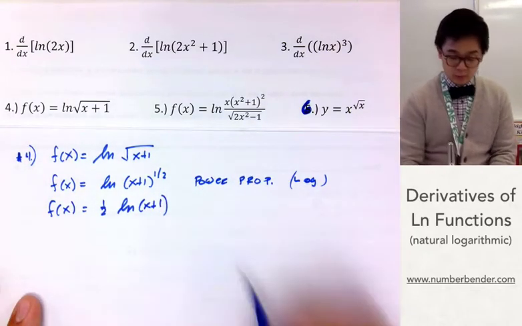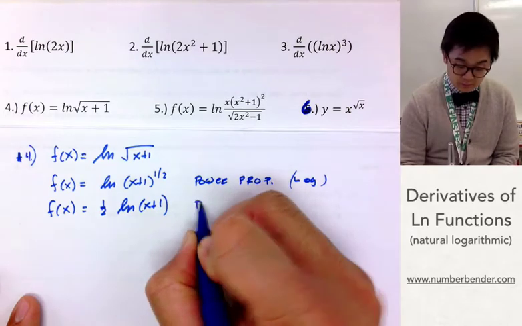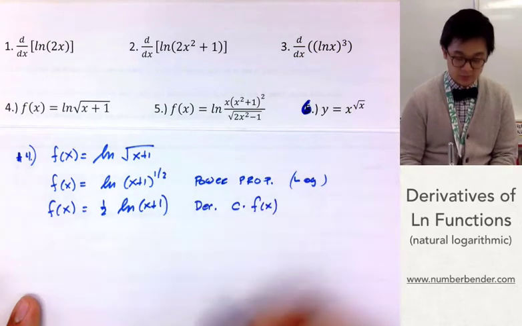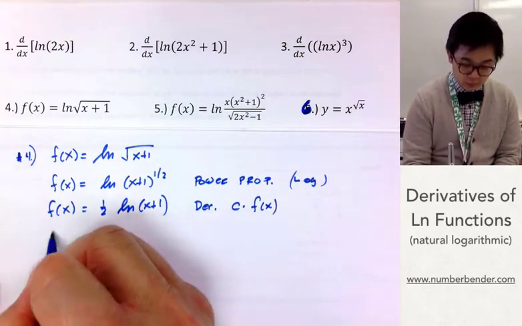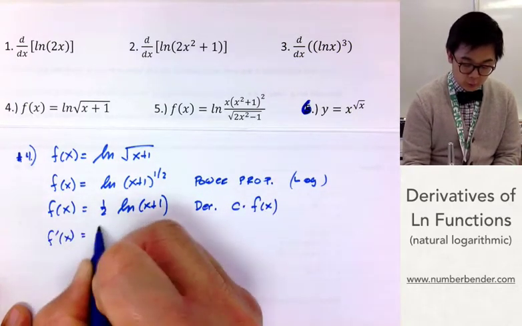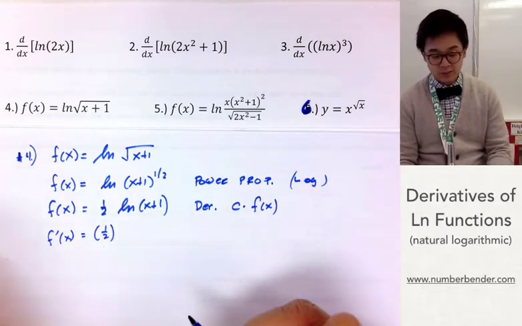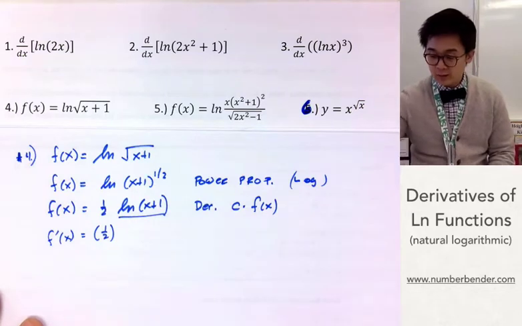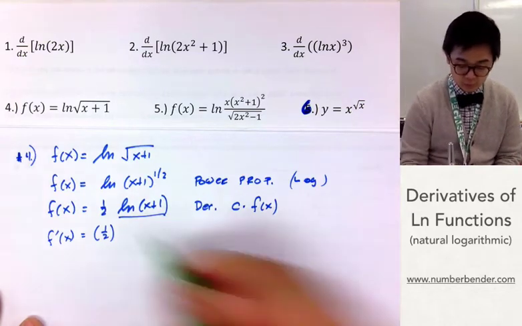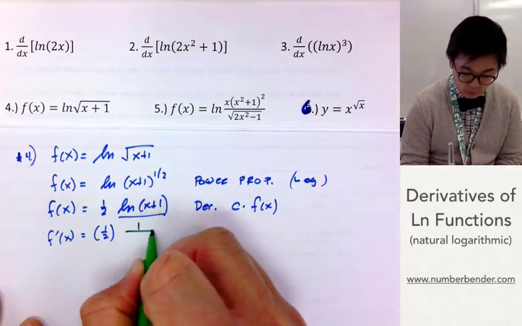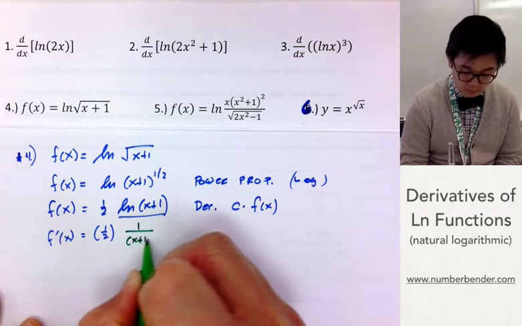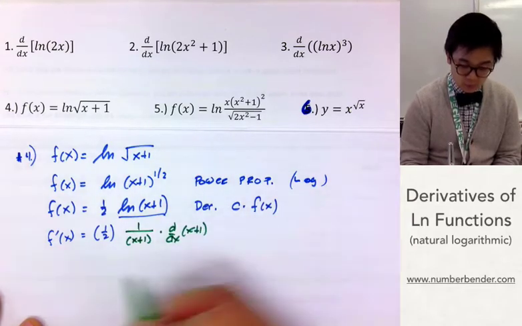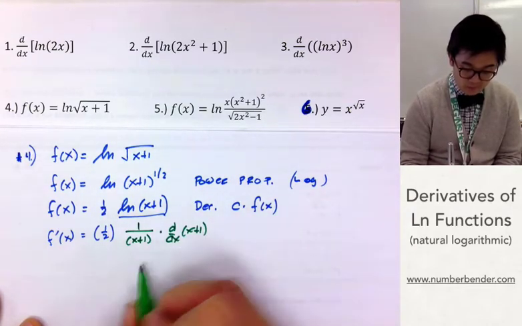And by doing so, we're now going to be using the derivative rule for a constant multiplied by a function. So here, we're just going to put 1/2 on the side and take the derivative of ln of x plus 1, which is going to be 1 over x plus 1 times d dx of x plus 1, which we know is simply 1.